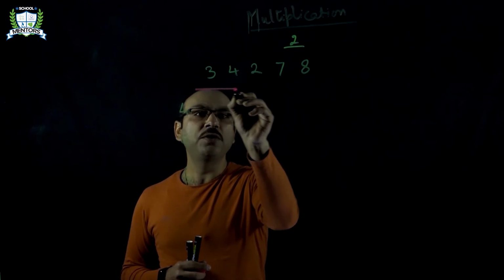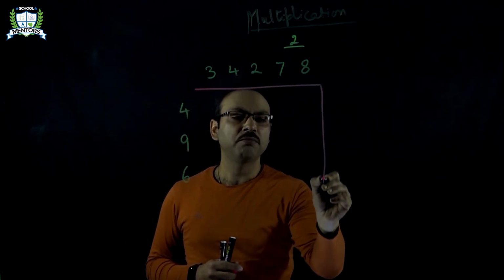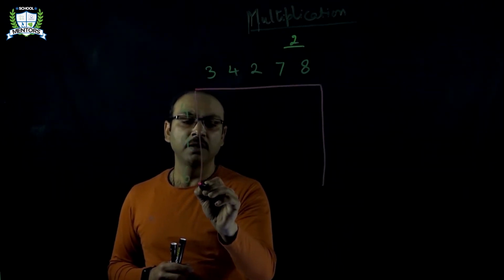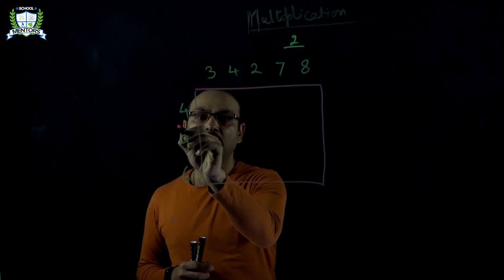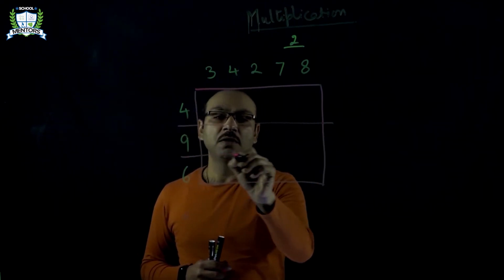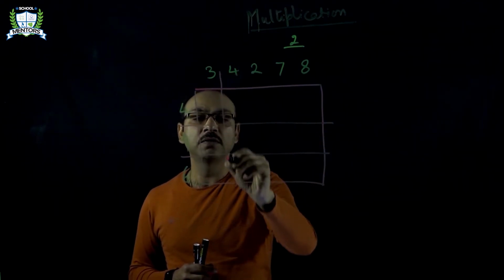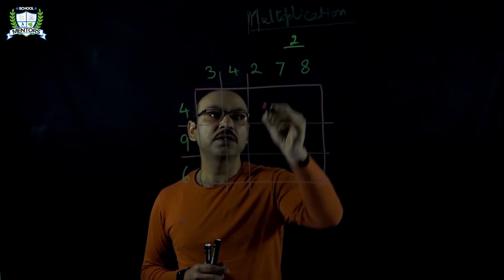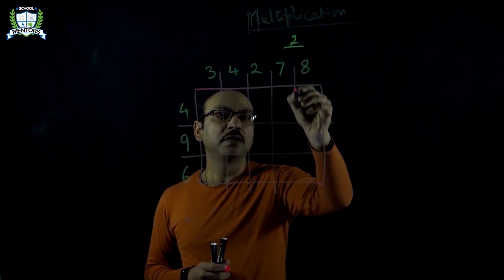So what we're going to do with this is, we're just going to make a matrix, a simple box, and after we make the box, we are going to divide this box diagonally, right?